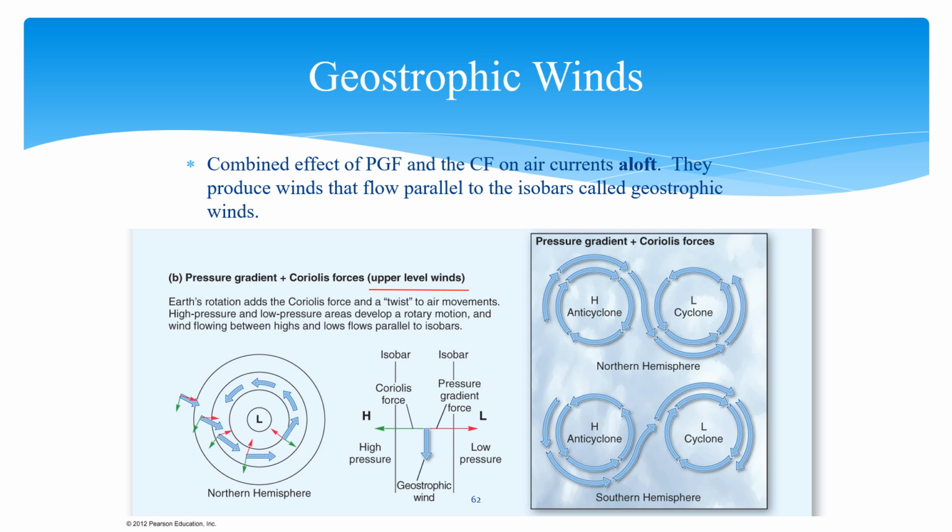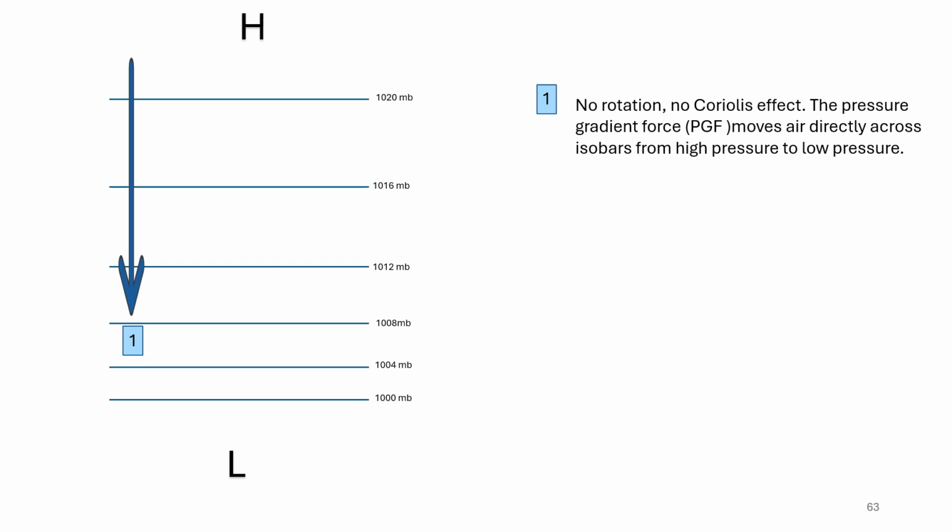So at this point in the upper atmosphere, where there is not that friction to slow it down and the wind is moving really fast, Coriolis is going to be in balance with the pressure gradient force, and that's going to cause those winds to flow parallel to the isobars. How does that actually work? Let us take a look.